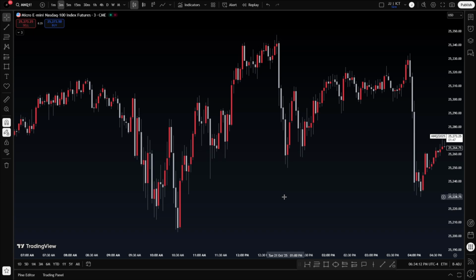So what is that? It's a desynchronization in price. It's not correlating. They're not doing the same exact thing. If NAS doesn't break the low, S&P doesn't have to break the low, or vice versa. If S&P doesn't break the low, the NAS must not break the low.